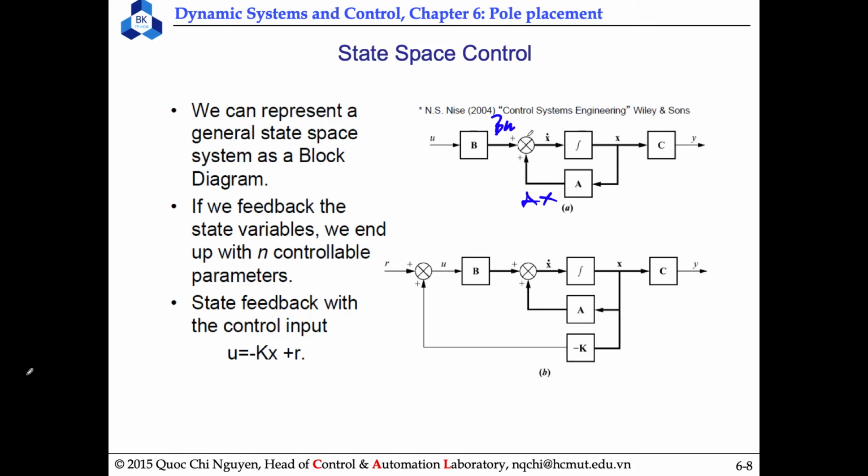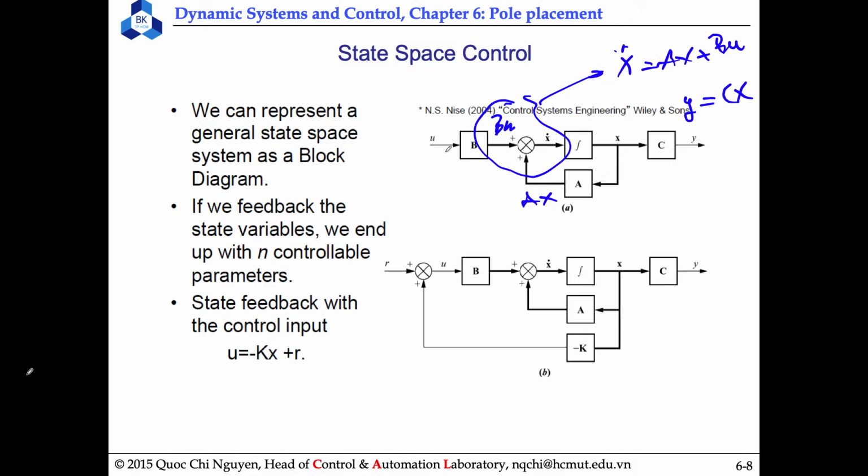So X dot will be equal to AX plus BU, right? And then Y is equal to CX. This schematic diagram totally presents a system in a state space model.